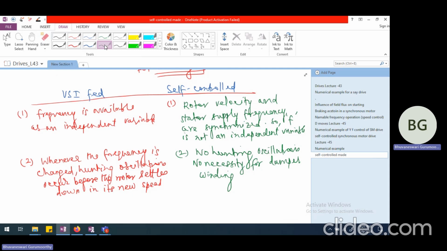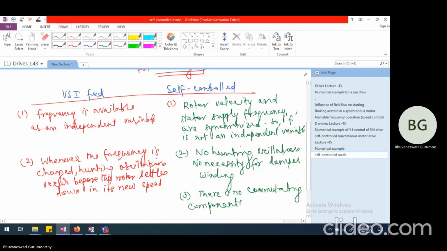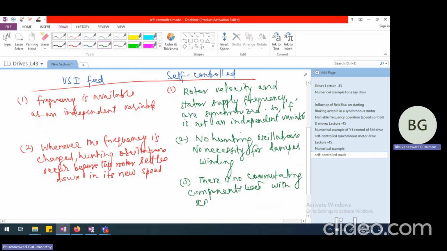And in the self-controlled synchronous motor drive, there are no external commutating components used with the thyristor inverter, the SCR inverter.